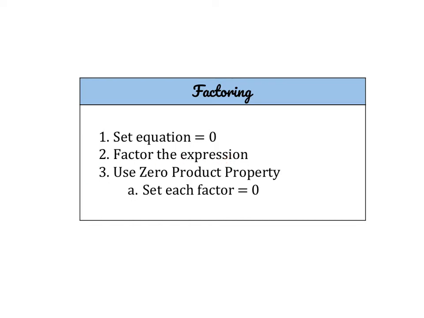So if it is, factor it using the methods that we reviewed in the previous video. And then once it's factored, we're going to use the zero product property to finish solving. So that's where you take each factor separately and set it equal to 0 separately and finish solving, which is why it's so important that you do step 1. We couldn't do zero product property if our equation was not equal to 0.